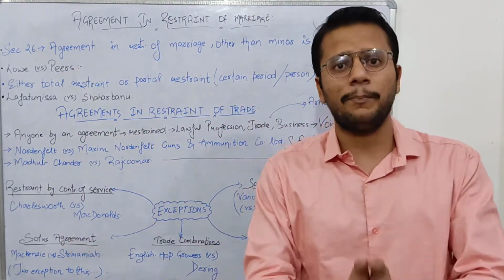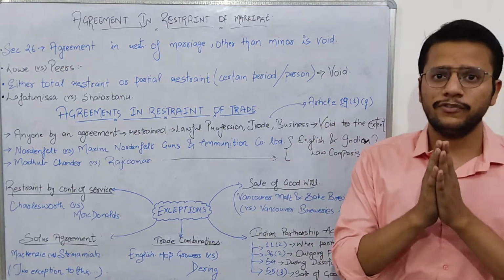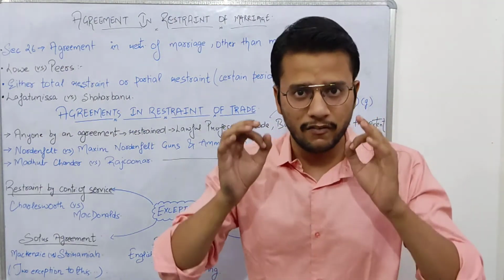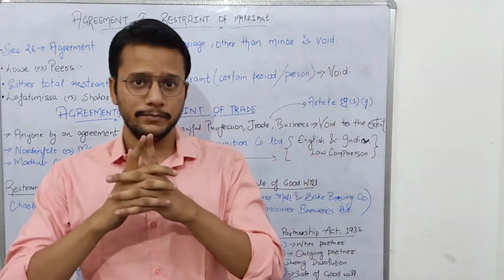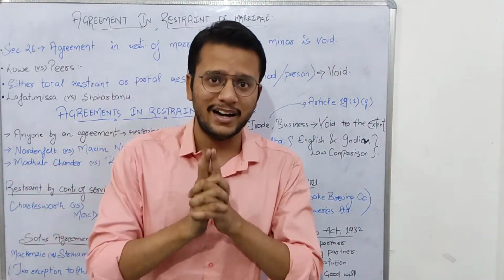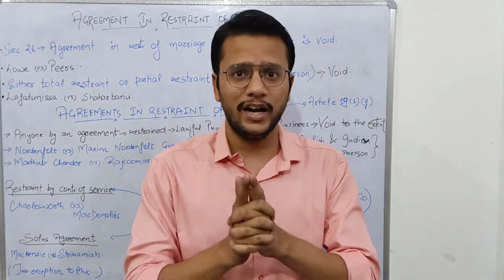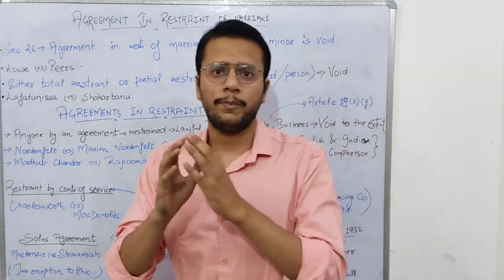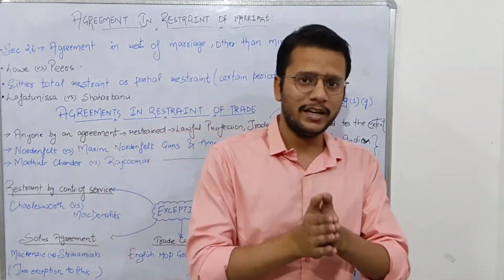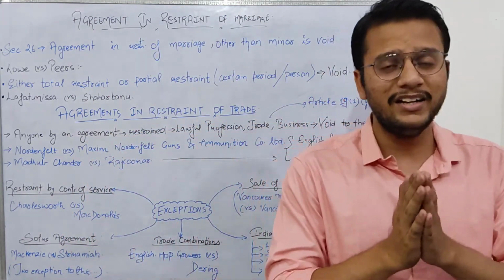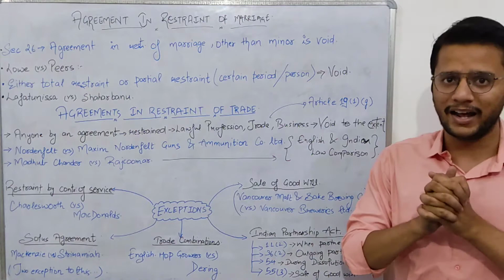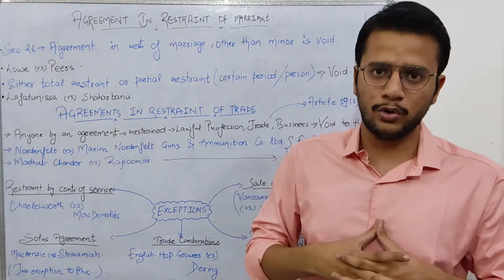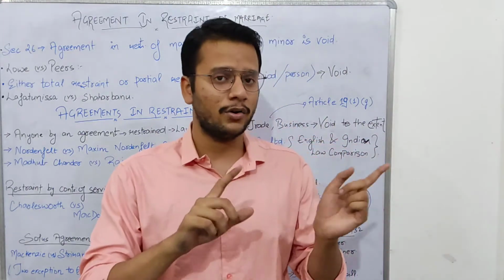Moving on to our next topic, restraint of trade, that is, contracts or agreements in restraint of trade are void agreements. Under Article 19 of the Indian Constitution, we are given the freedom to profess any career, profession, trade, business, anything of our own choice. Now, if we are not allowed to do so, then there is something contrary to it.